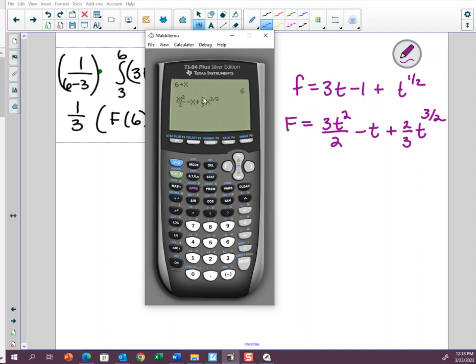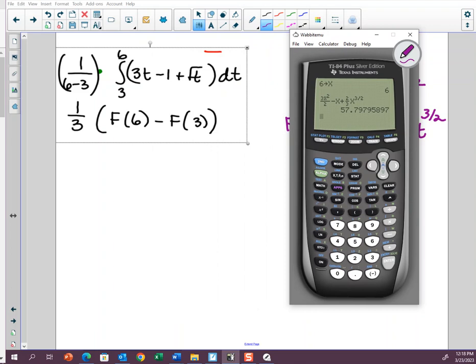I could put this x up here with to the 3/2, works the same way. Now if I've got that and I press enter, what's happened is my calculator has replaced all the x's with 6's and done the arithmetic for us. 57.798.